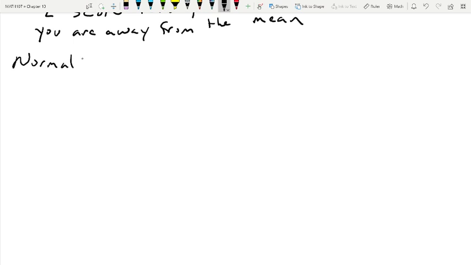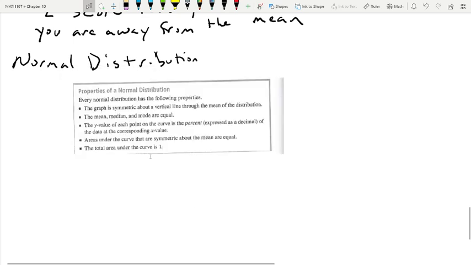So let's do a little bit on normal distributions before we get to how you calculate z-scores. So normal distribution, this comes out of the book.